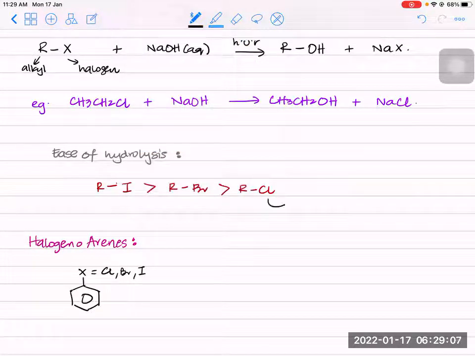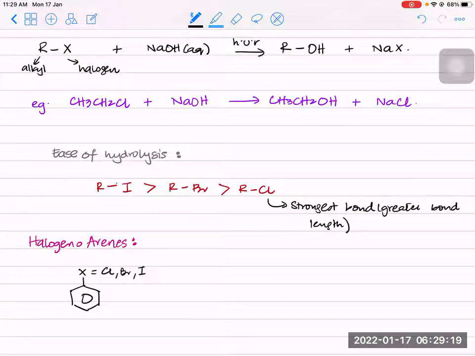Because this bond is the strongest. And why is it the strongest bond? Because of the shorter bond length. And this is a weaker bond. And why is this a weaker bond? Because it has the longest bond length.